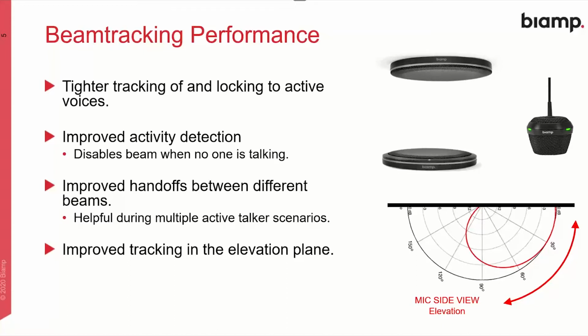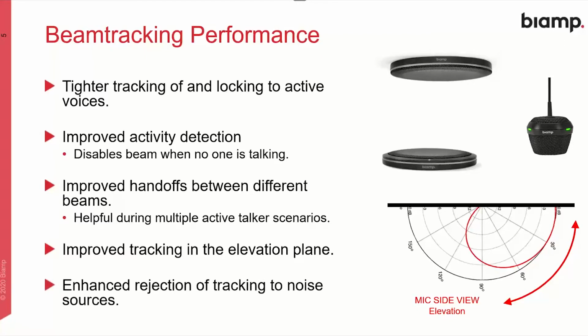If you have a TTM-X, then your elevation plane would be upwards from the table that the TTM-X is sitting on. We've also enhanced rejection of tracking of noise sources. So the infamous crinkling of chip bags and clanking of silverware during lunch meetings, we're going to reject that a little bit better than we did before.